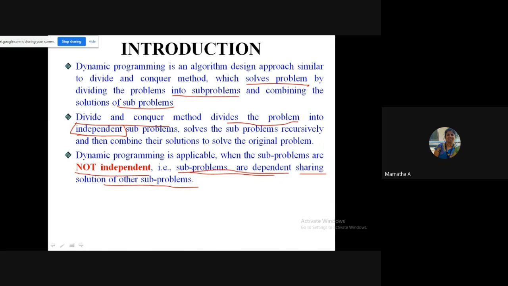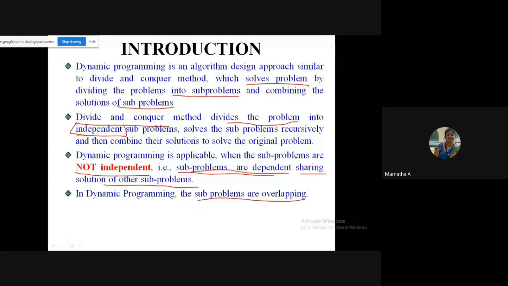Since the sub-problems are dependent in dynamic programming, I say the sub-problems are overlapping. To get sub-problem 2, I need the solution of sub-problem 1, so sub-problem 2 overlaps sub-problem 1. They are called overlapping.